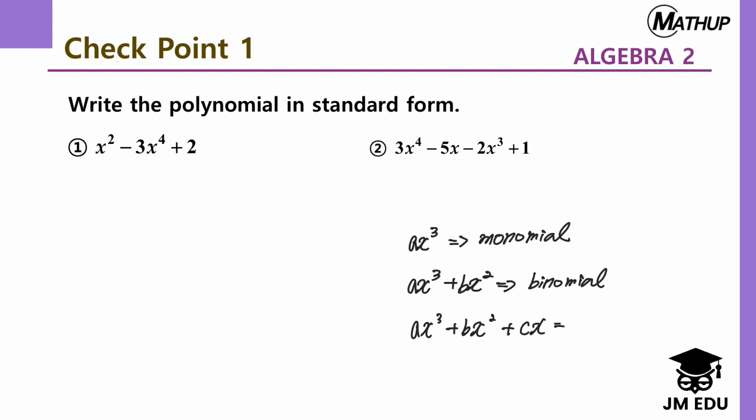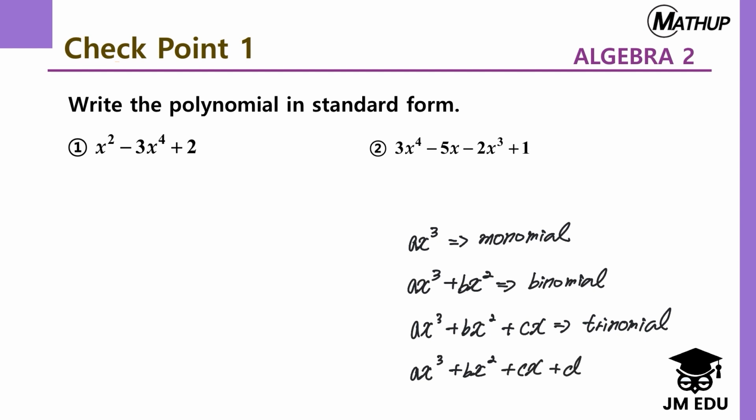Then we can say this is a polynomial with 3 terms, or we say this is a trinomial. Tri means 3, right? Okay, let's say we have 4 terms, ax cubed plus bx squared plus cx plus d.